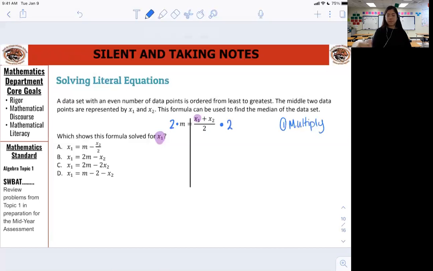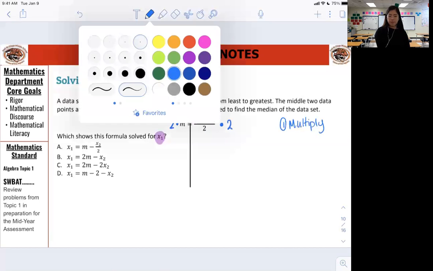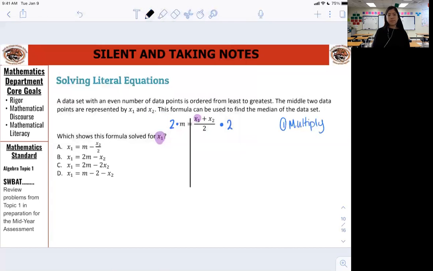Okay. So 2 times m, 2m. And then since I multiplied by 2, goodbye denominator, it goes away. So now I have x1 plus x2. How do I get x1 all by itself?